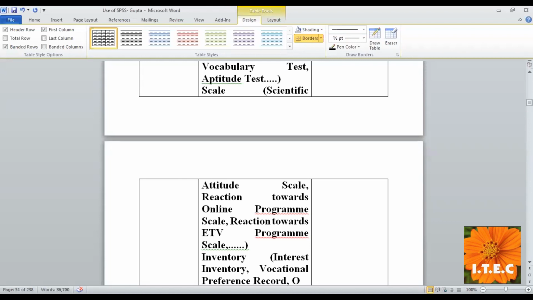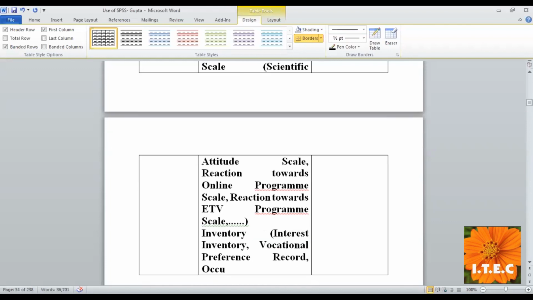For example, occupation inventory. So there are different types of inventories. Please note, test, inventory, and scale. All these should be standardized if you want to use them in research.